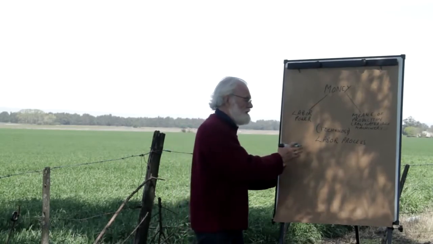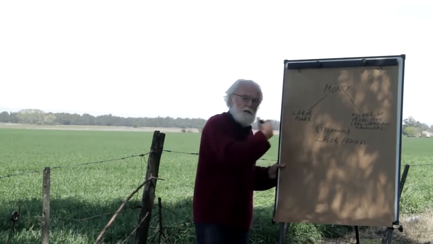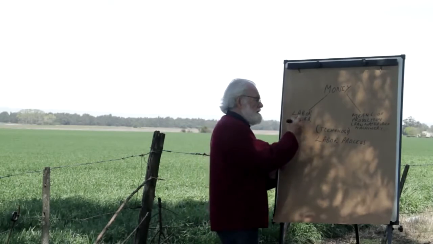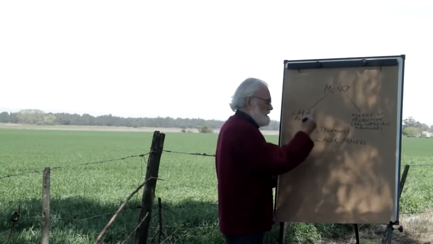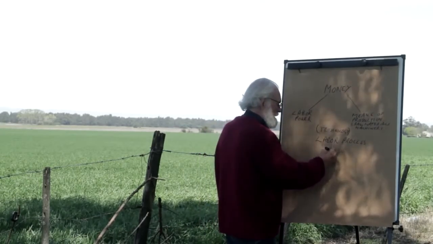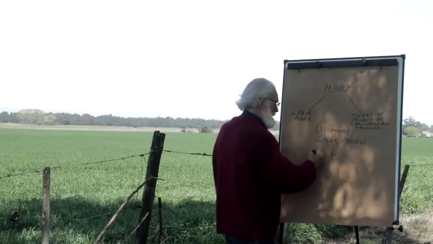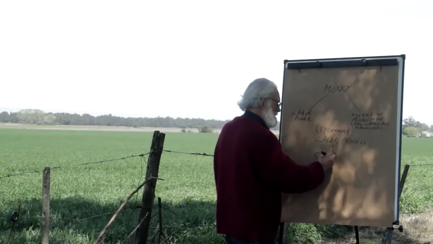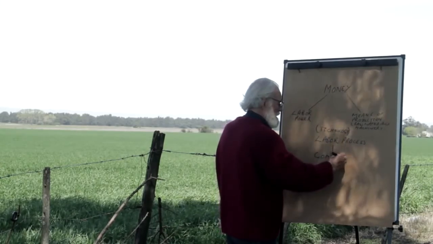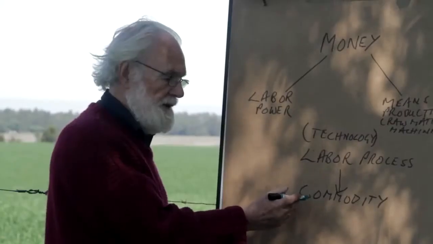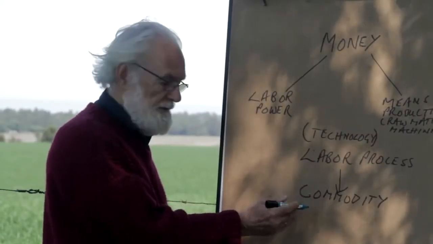And so the labor process is crucial because that is the working on things. The labor power works on all of these things, and out of this labor process, there comes a commodity. It can be a thing or an event or whatever.